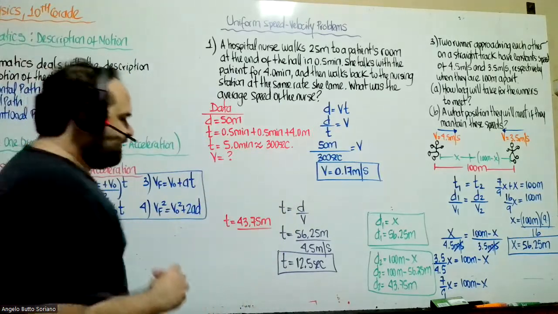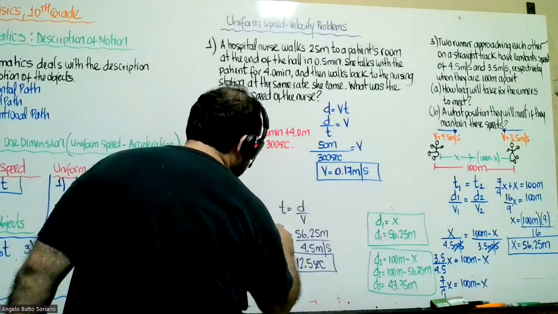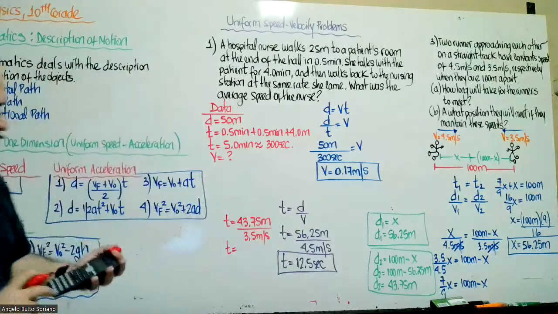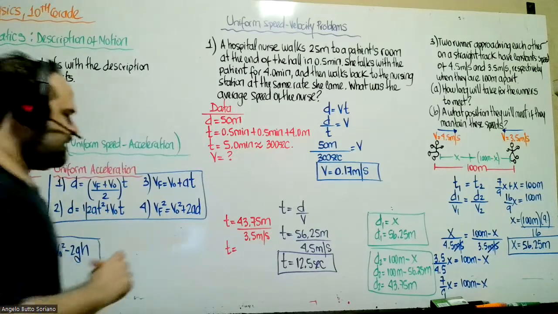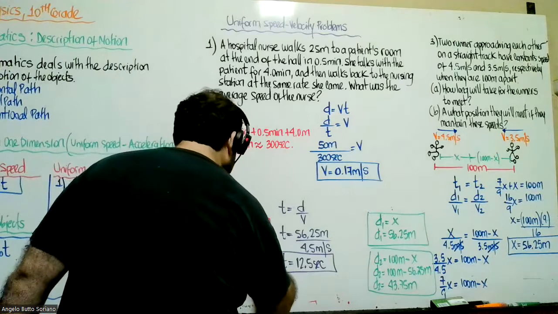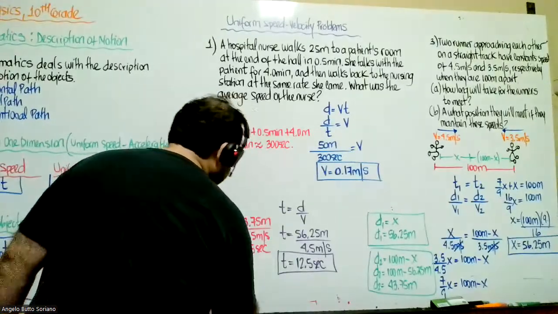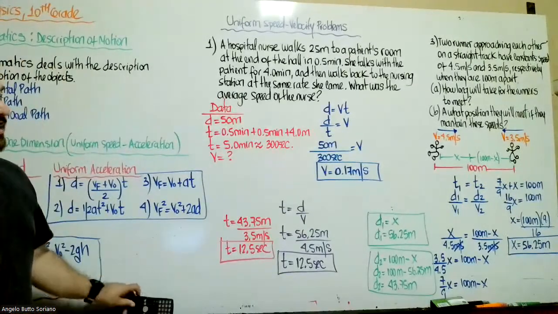That was 3.5 meters per second. And if you calculate the period of time, it will be 43.75 divided by 3.5. So the answer will be 12.5 seconds. So this is an easier way to check your answer.